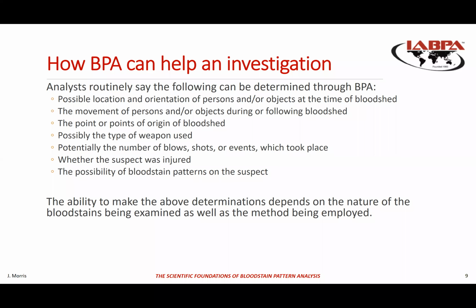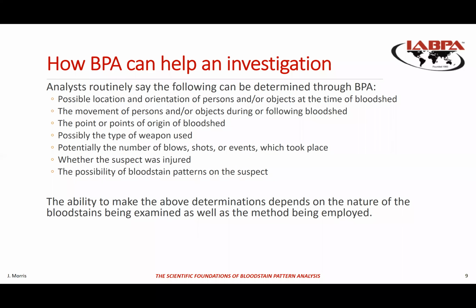There are times where we may be asked, is the suspect injured? Is there a potential that the suspect is injured? Or is there the possibility that bloodstain patterns can be on the suspect? I have considered all of these scenarios at some point in my career.